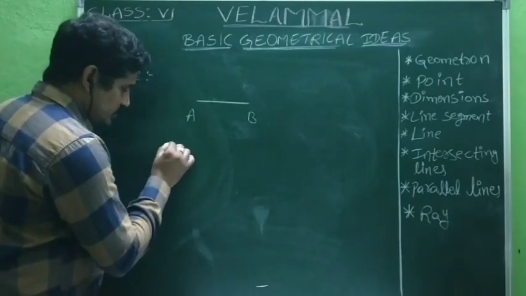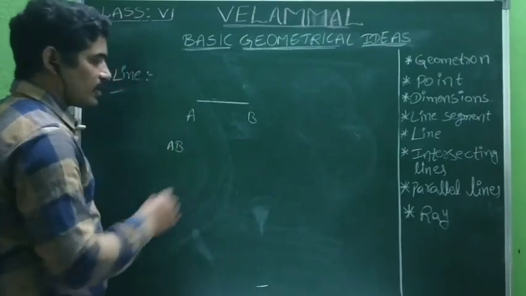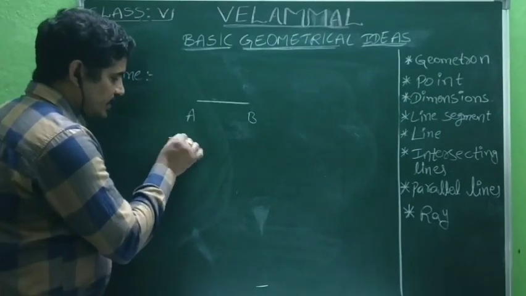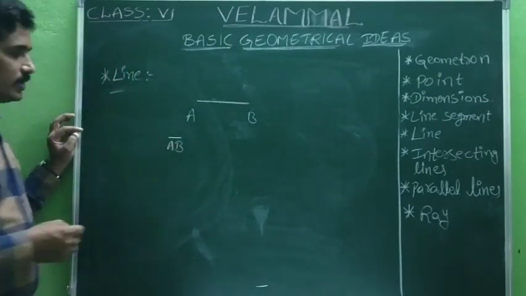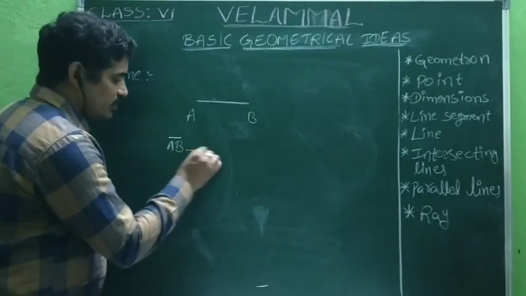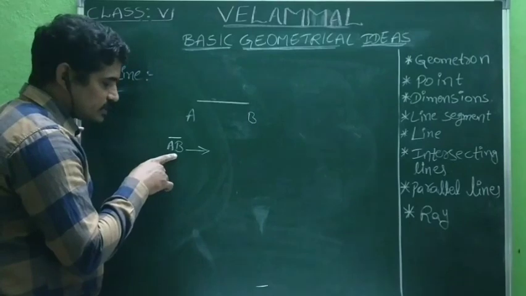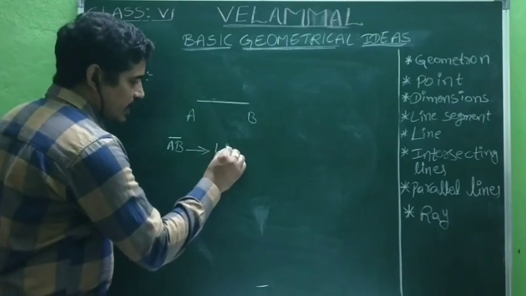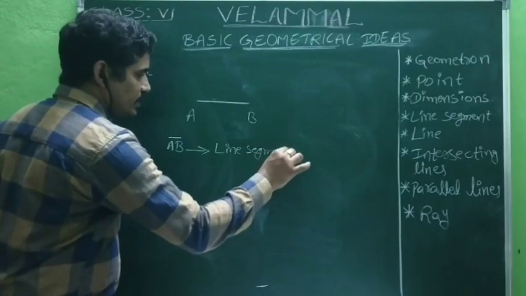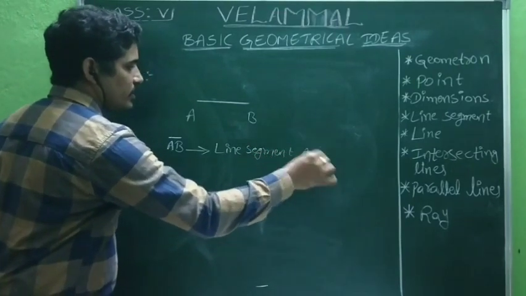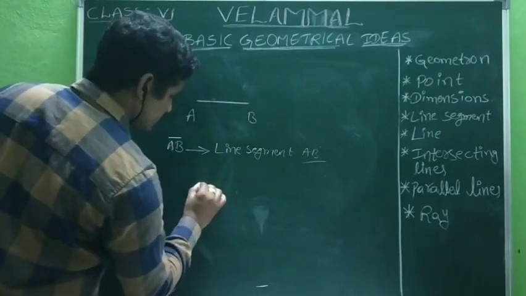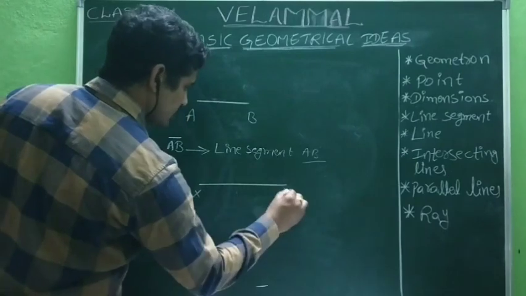We write the points we identify on the line segment side by side, and write the line segment symbol over AB. This is what we call line segment AB. This is how we write line segment AB, and our reading is line segment AB.